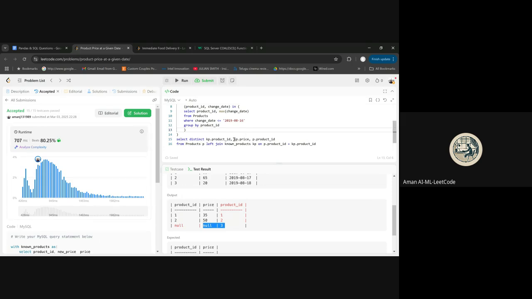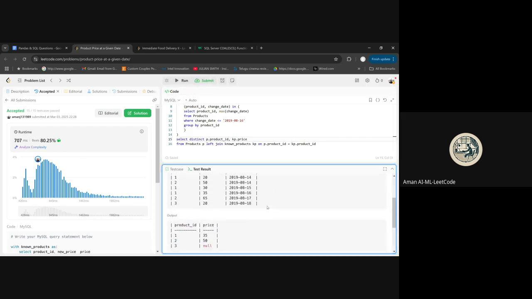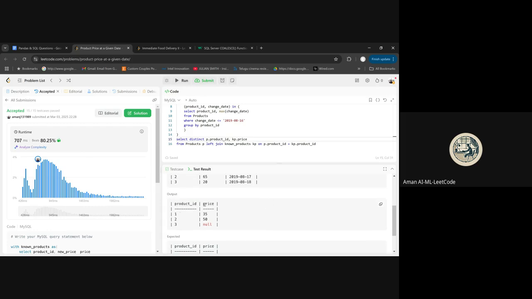So let's skip that product ID, the first one, and use this value instead. So you got the product ID and the price. This product ID came from the products table and this price came from the known products table. You got this row, and finally this row.